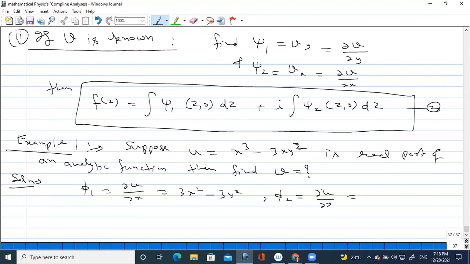So del u by del y will be minus 6xy. Okay, so now directly you can say, this is phi1(x,y) and this is phi2(x,y).